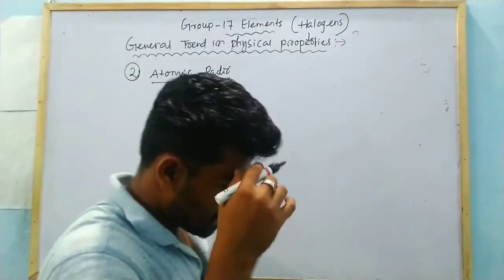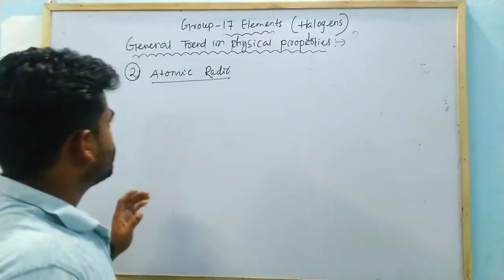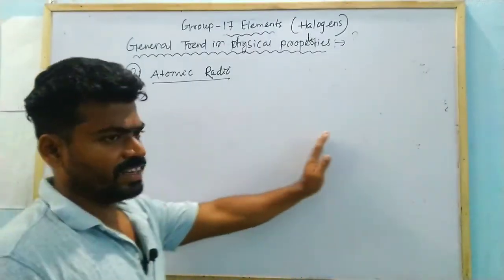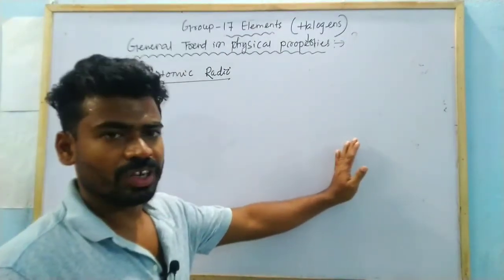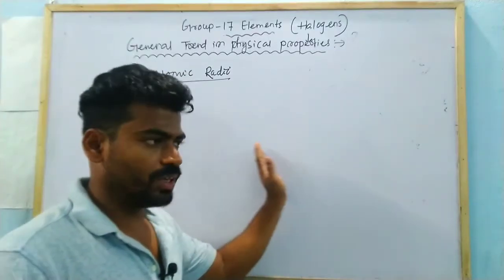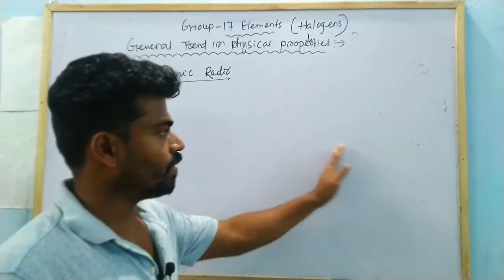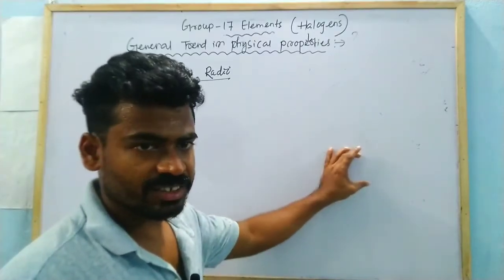You know, halogens are present towards the right. From left to right in a period, the atomic size goes on decreasing, due to increase in atomic number. Consequently, the number of protons in the nucleus also increases, followed by increase in nuclear charge, and atomic size decreases.